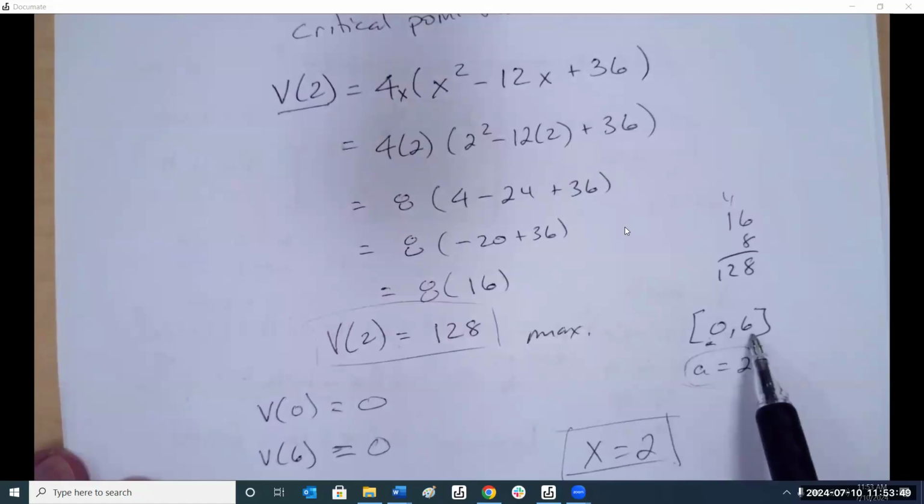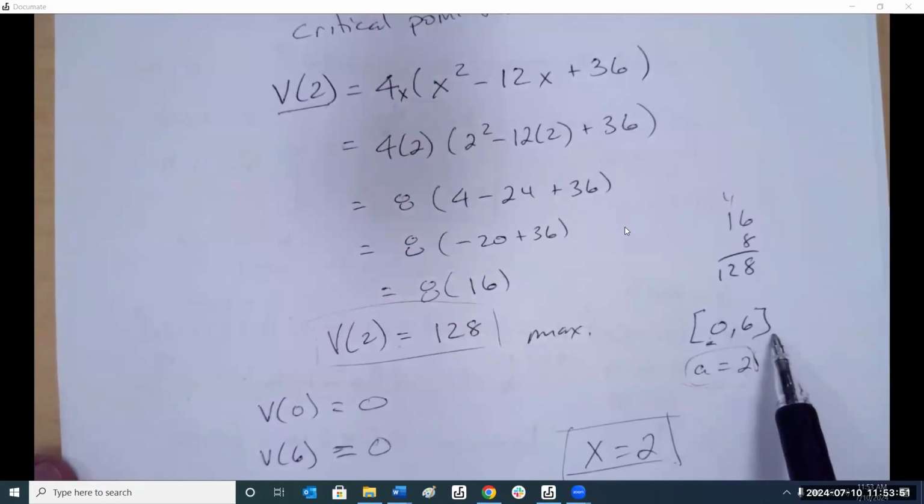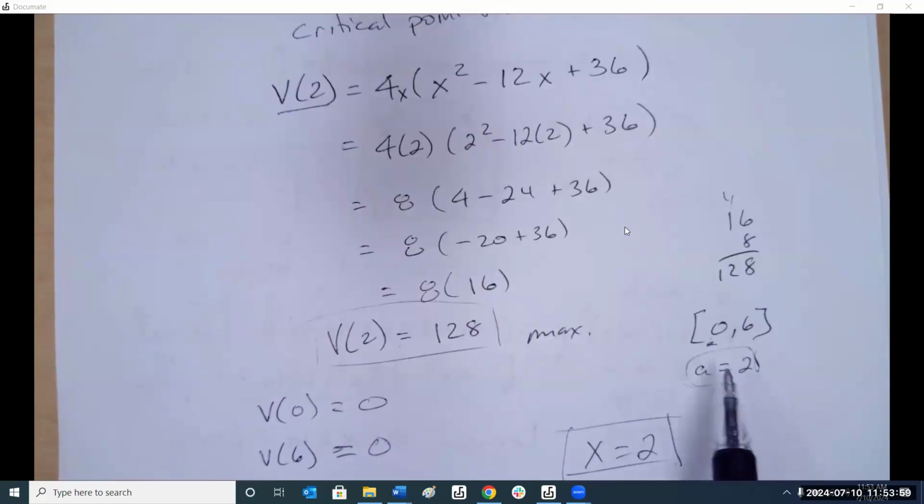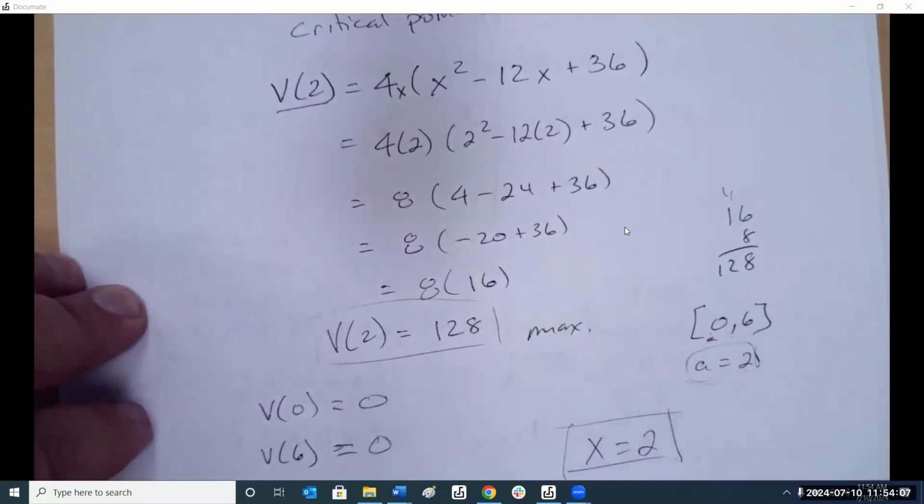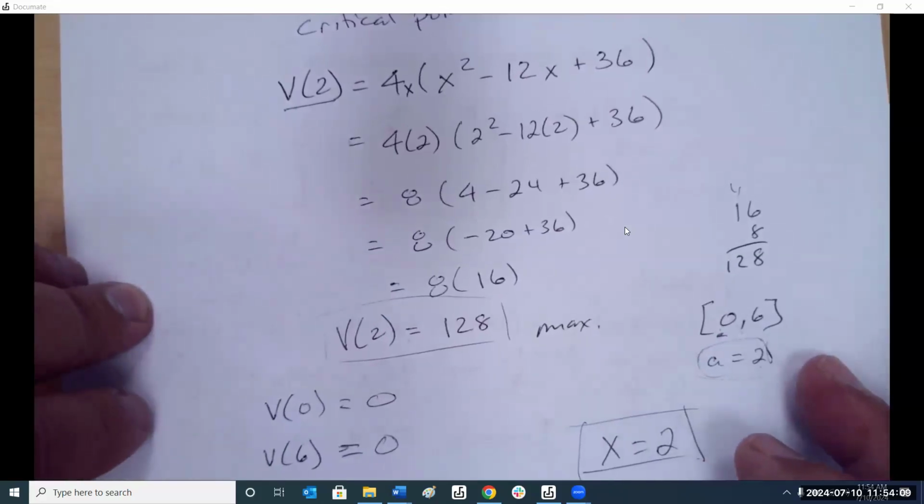The reason the domain is x has to be between 0 and 6. And we know inside that interval, the max may be at the endpoints or at this interior point we found up here on top, where the slope is 0. We have to try all three of them. Or if we have more than 3, we can have 7 or 8 of them.